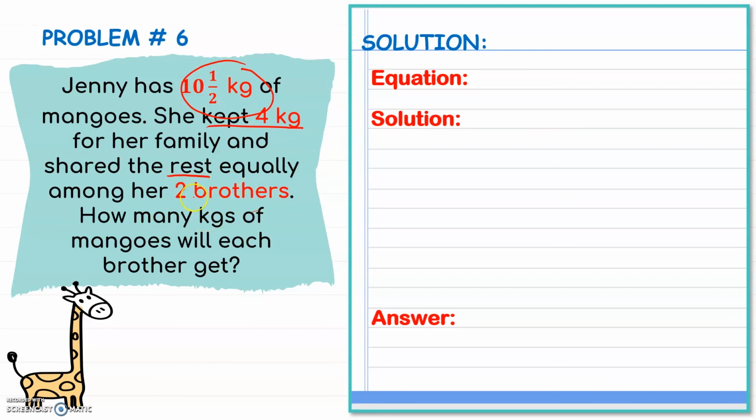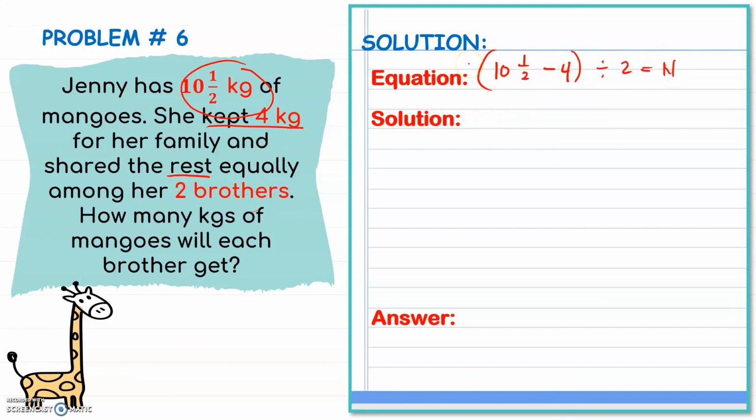So in here, we will do subtraction and division. So let's have our equation. We have 10 and 1/2 minus 4, because again, she kept 4 kilograms for her family. Then the remaining, after subtracting, was divided among her 2 brothers. So we'll have to do division here.